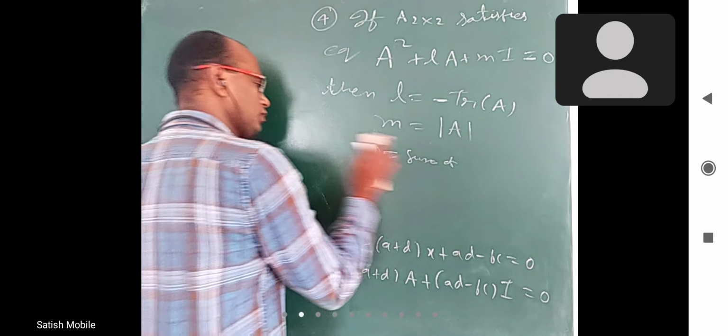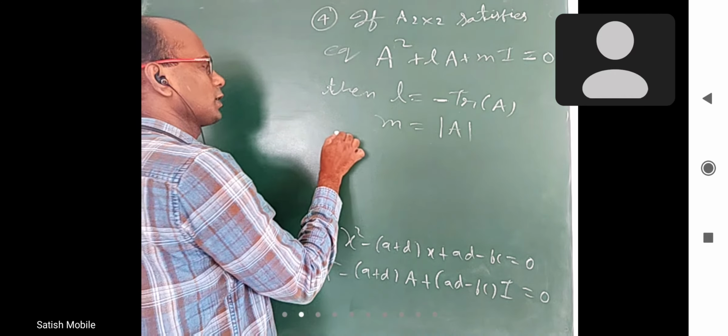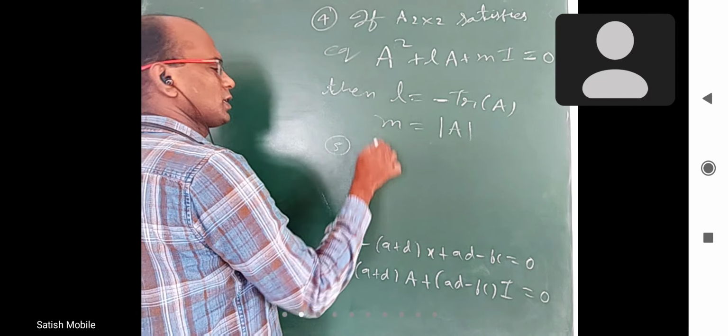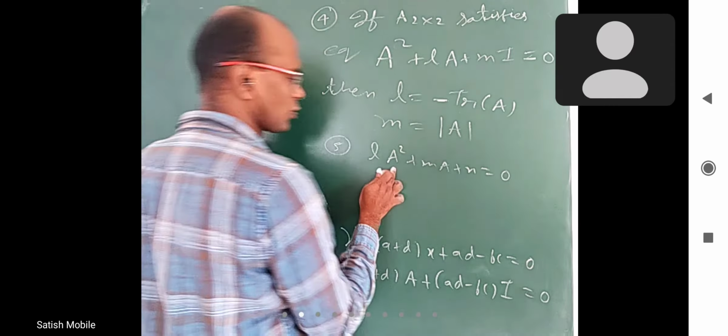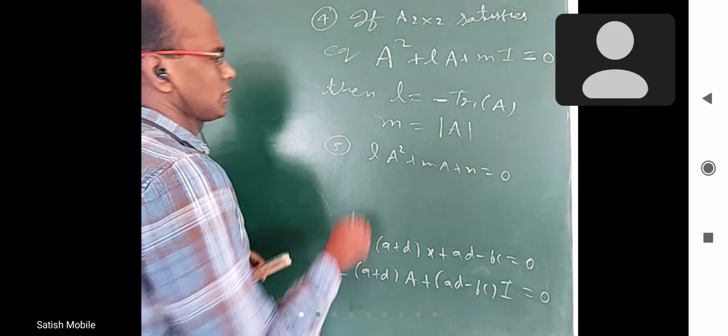Okay. If you want, I will change the plain writing. Let us say maybe the 5th point. Let us say L A square plus M A plus N equal to 0. That is, the coefficient of A square is not 1. Then no problem.